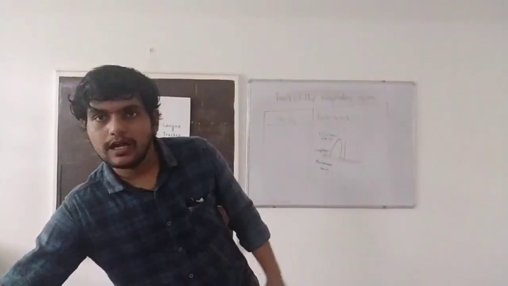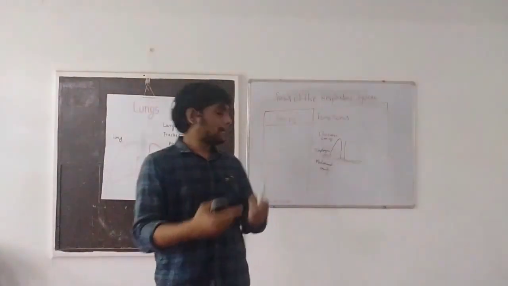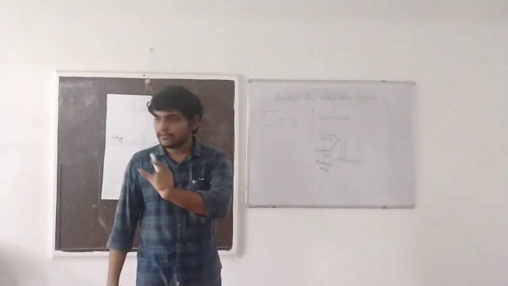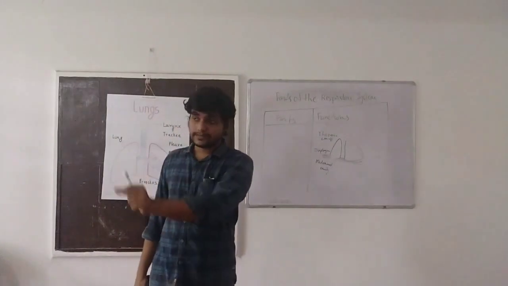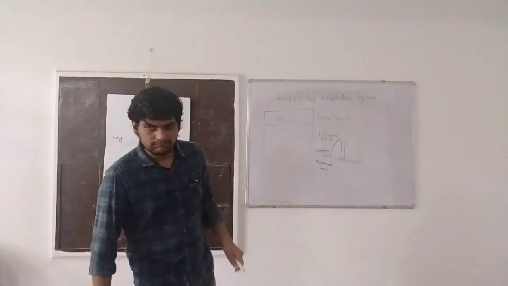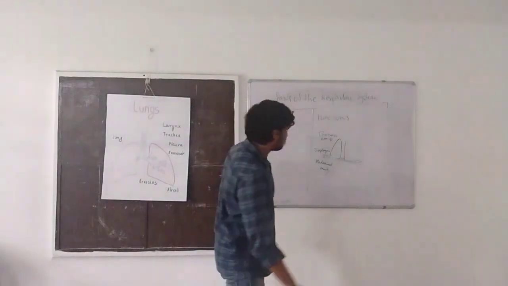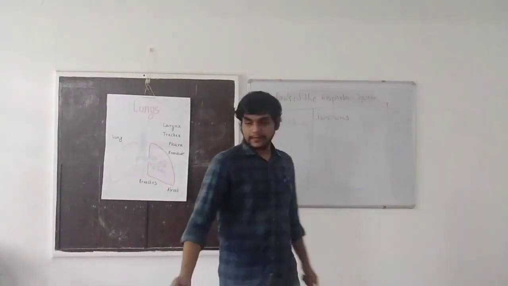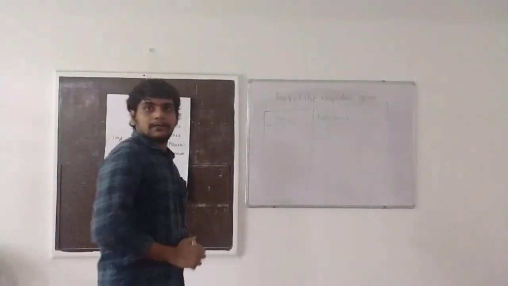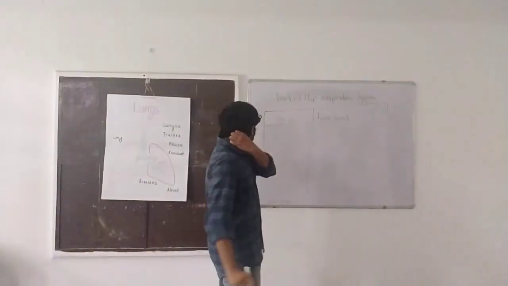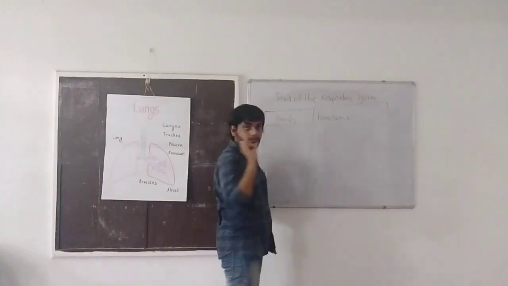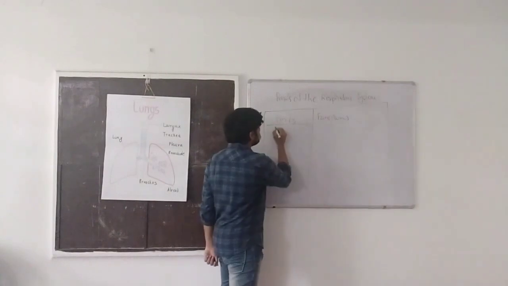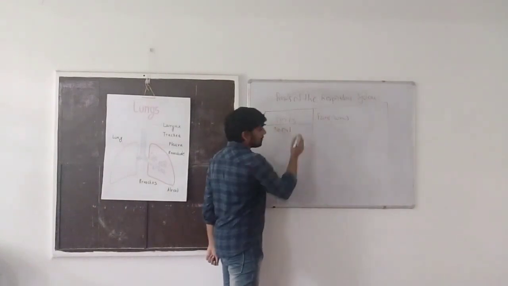Now I will write the parts and function, so that if you have missed anything while writing the science theory, you can complete it. Okay, first what is it? Nostril. You see?